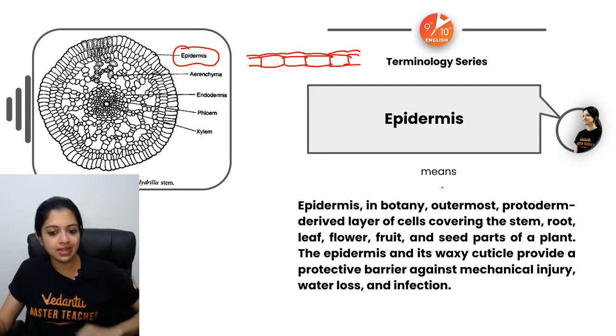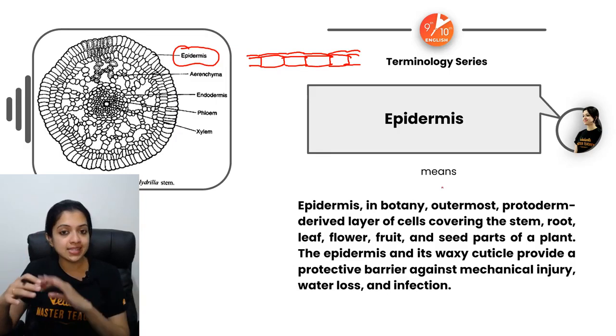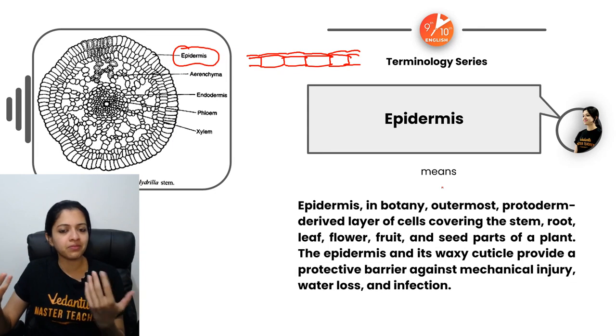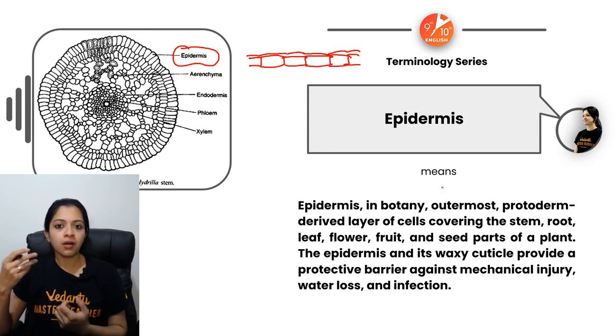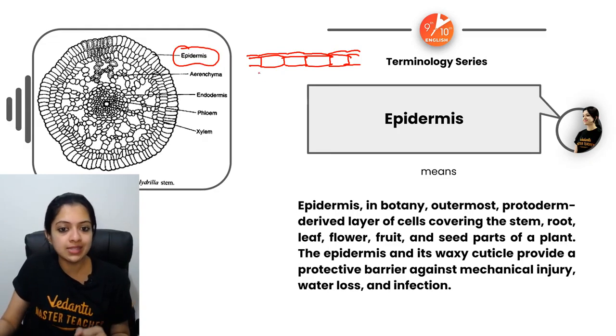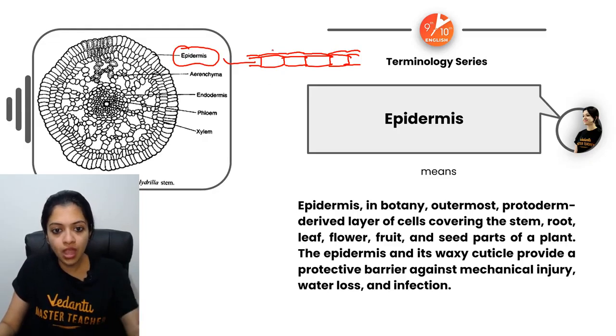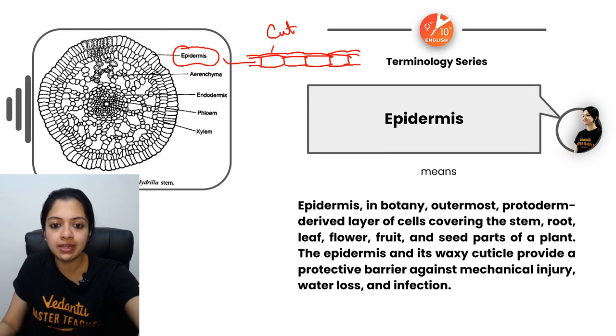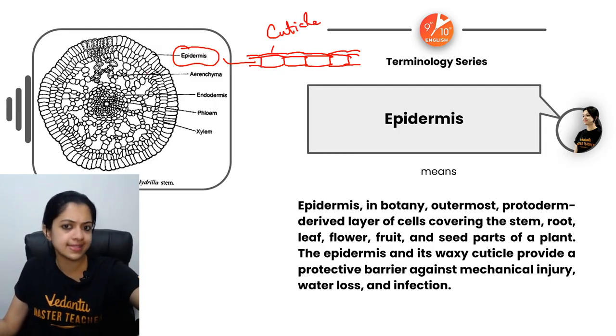Okay, so the cuticle is important to act as a protective barrier to prevent excessive transpiration and anything else. It acts as a sort of protective covering out there. So this is the epidermis. This is the cuticle, right? And inner to this, you would find all the other tissue layers.